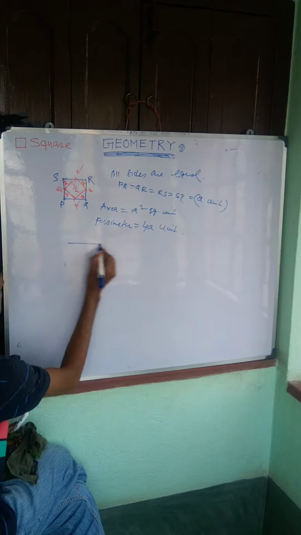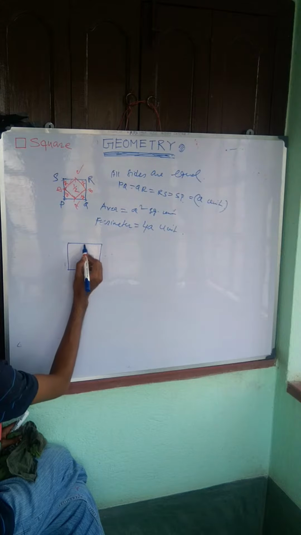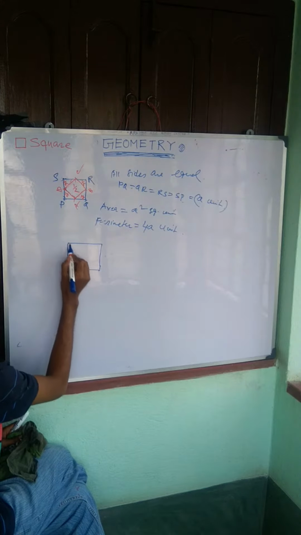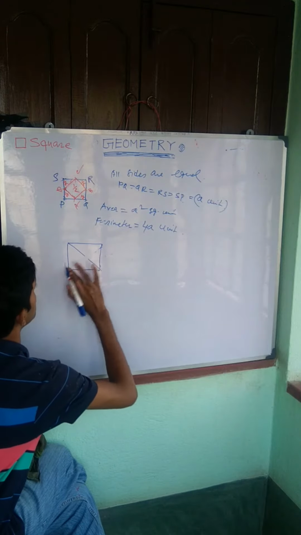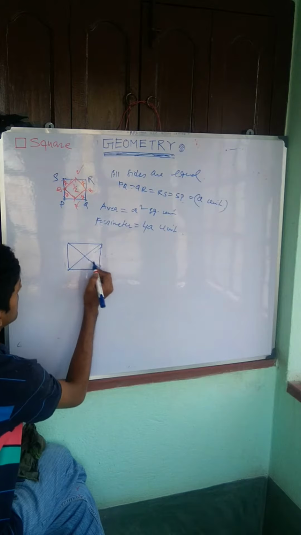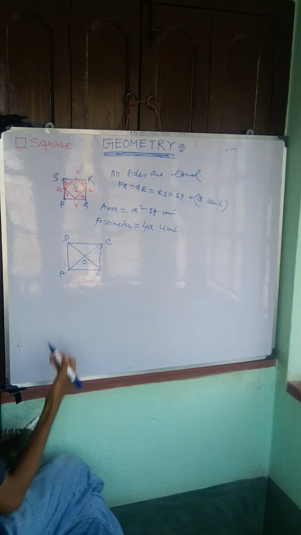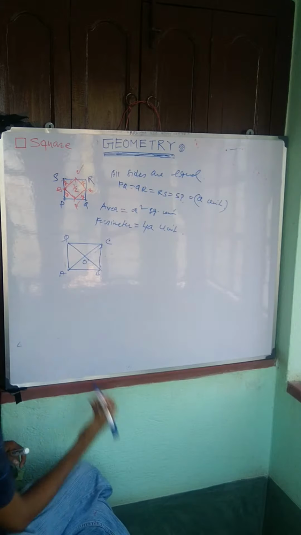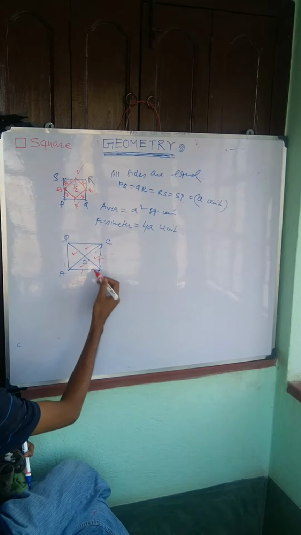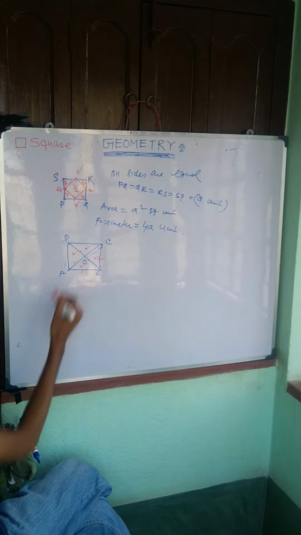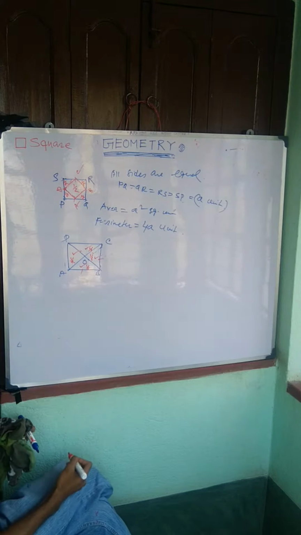Just see this. If you join this figure, the diagonals are the same, and not only the diagonals, these four triangles are congruent to each other, having equal area, 1/4 each.